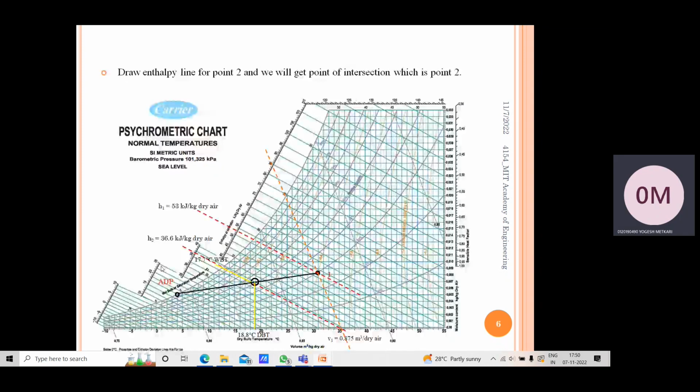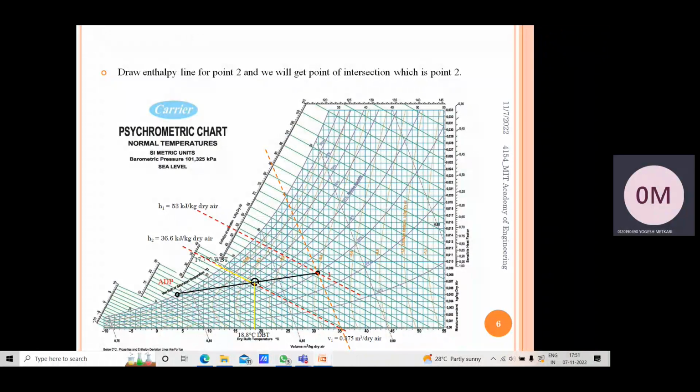So we got one property, enthalpy of air leaving the coil. We can draw this line passing through the line which is from 1 to ADP. Where the point meets, that is nothing but our point number 2.